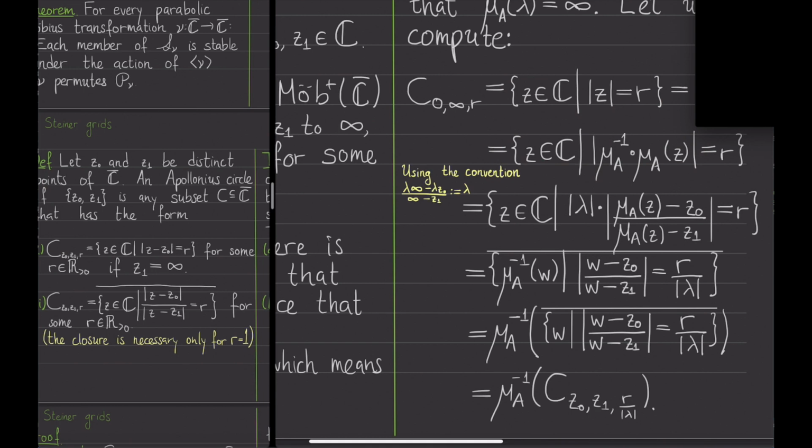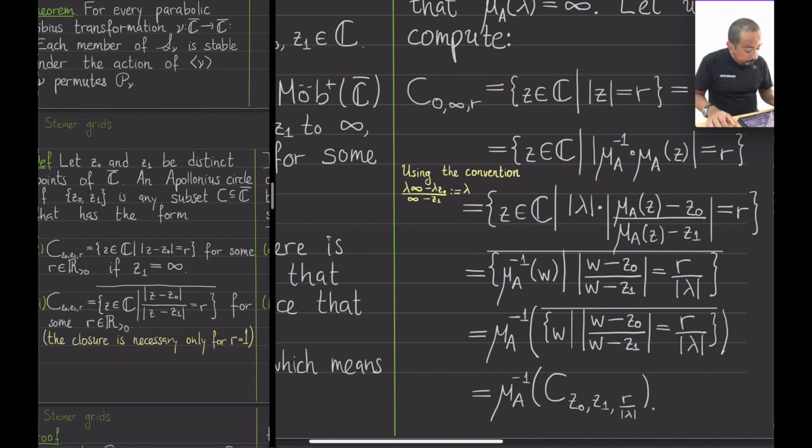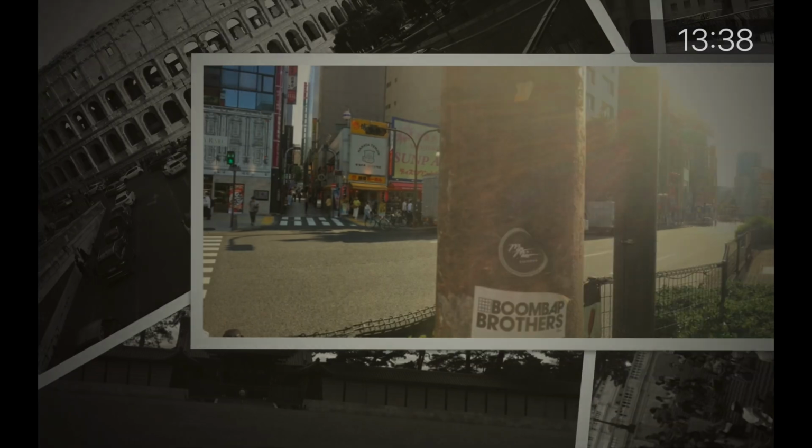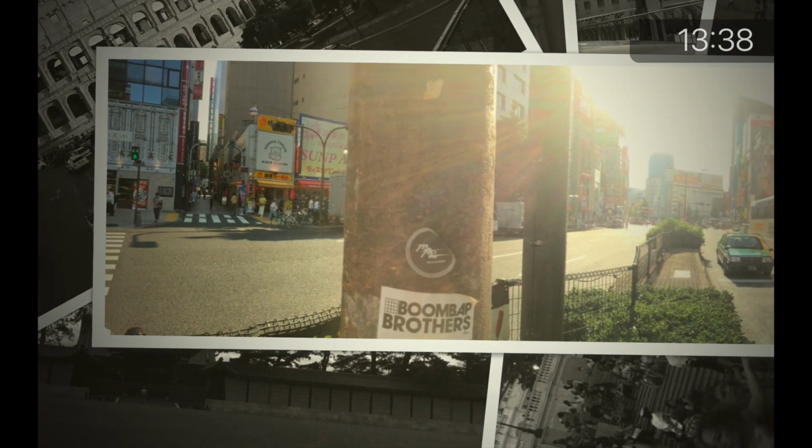Now, when R is different from the absolute value of lambda, I can take mu A of Z and then apply mu A inverse, but mu A inverse is dictated by this.